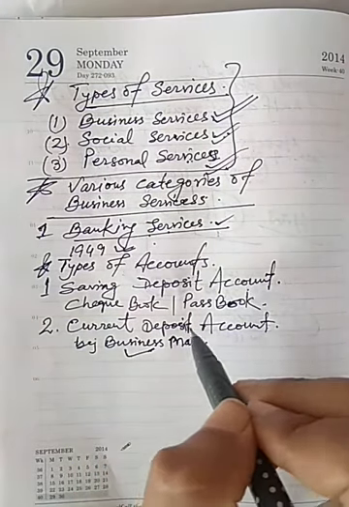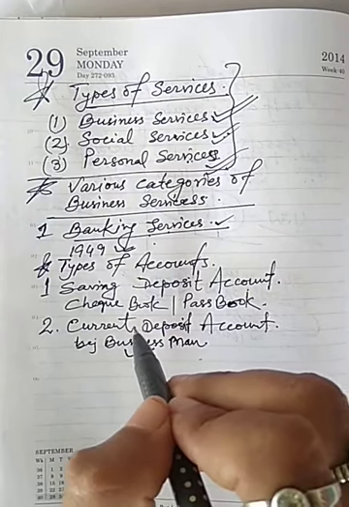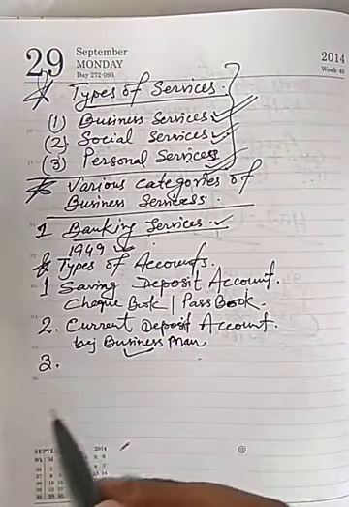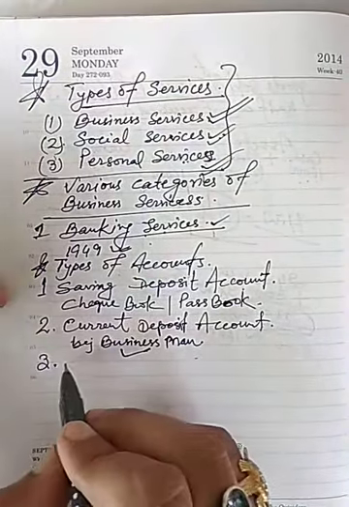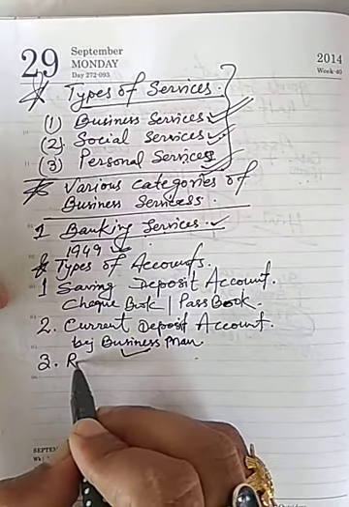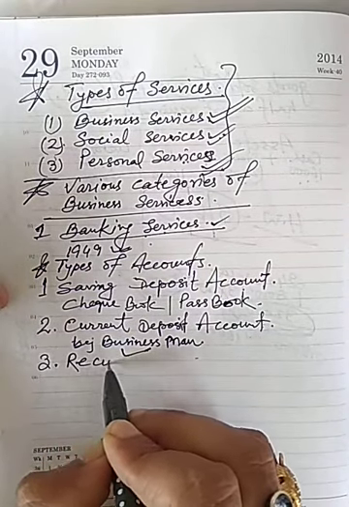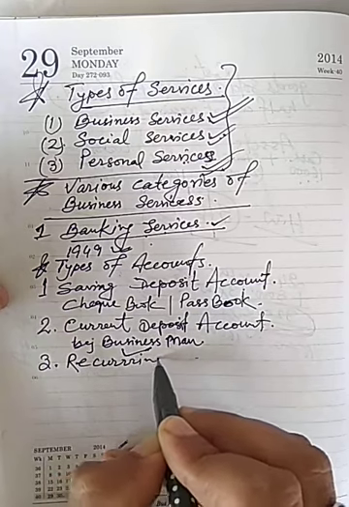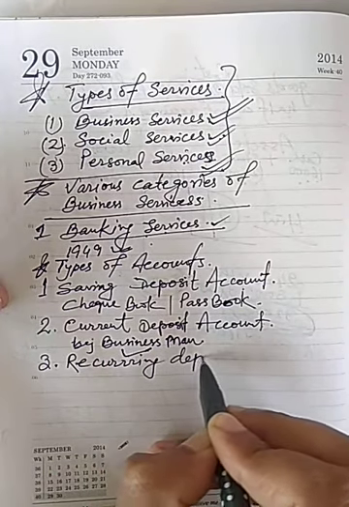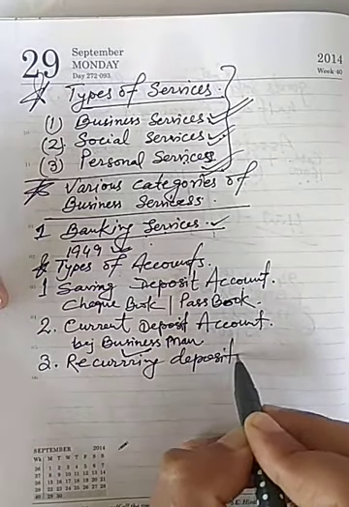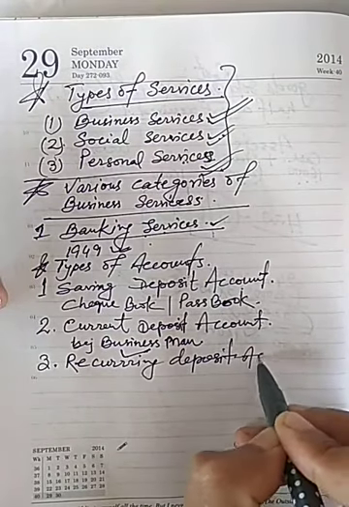So now third is the recurring deposit account.